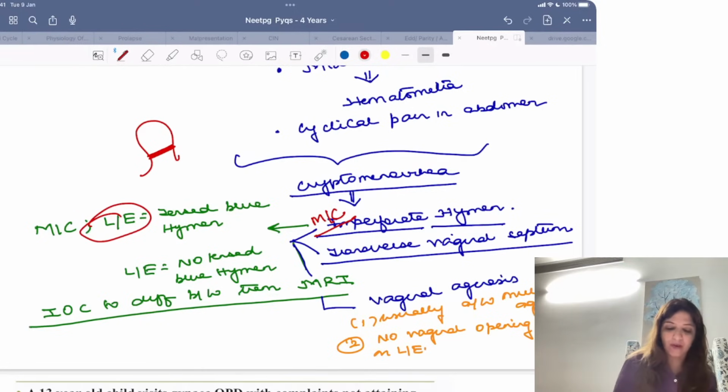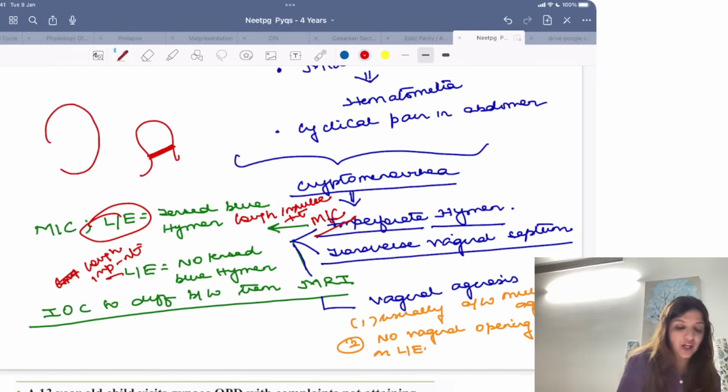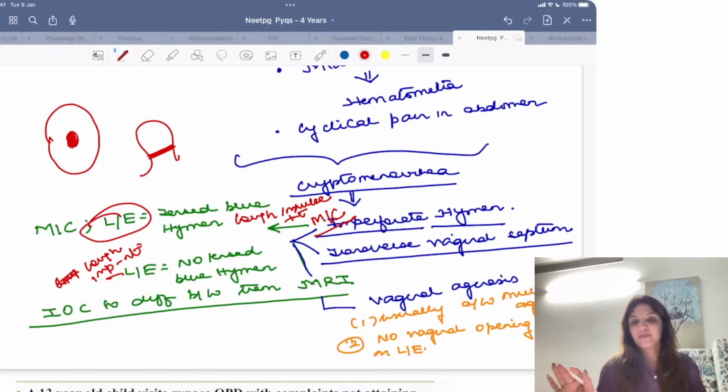And in case of imperforate hymen, when you ask a patient to cough, cough impulse will be present. In case of transverse vaginal septum, cough impulse will be absent. Right? These are the ways in which you differentiate between imperforate hymen and transverse vaginal septum. In case of vaginal agenesis, you will not see any vaginal opening. Vaginal opening will be absent.